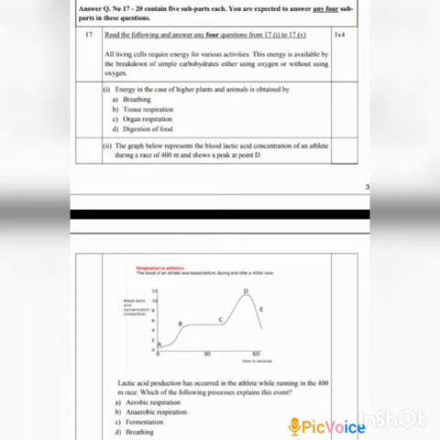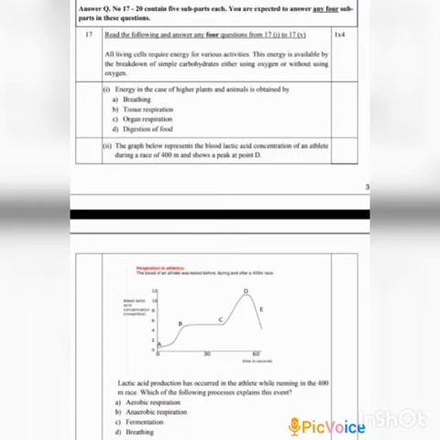This energy is available by the breakdown of simple carbohydrate, either using oxygen or without using oxygen. And the first question is, energy in the case of higher plants and animals is obtained by. The options are breathing, tissue respiration, organ respiration, and digestion of food. What is the answer? Yes, tissue respiration.